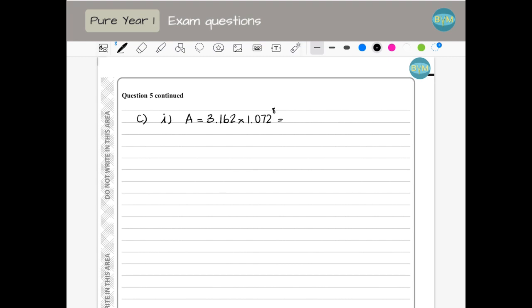And you do that and have 5.4954. We have to give the answer to the nearest half a kilogram, so it's going to be 5.5 kilograms. In all the questions that have units, please give your answers with the units.